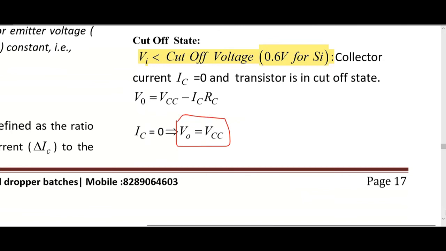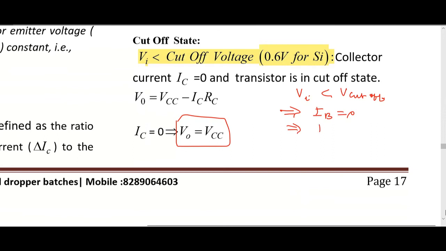Again listen. There is a cutoff voltage. I will write VI less than V cutoff, which implies IB is equal to 0.